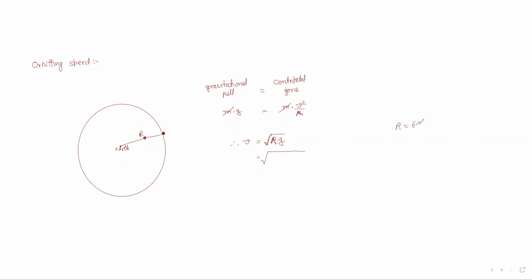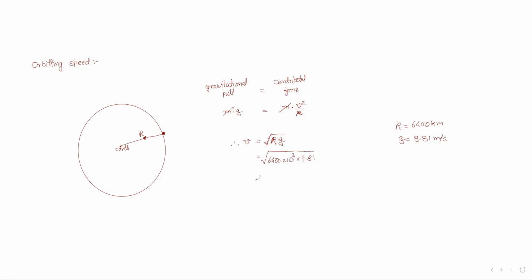We can get the value R, which is the radius of Earth. It's a standard, which is 6400 kilometers. And for acceleration due to gravity, if we substitute the value of 9.81 meters per second square, we get root of 6400 into 10 to the power 3 into 9.81.